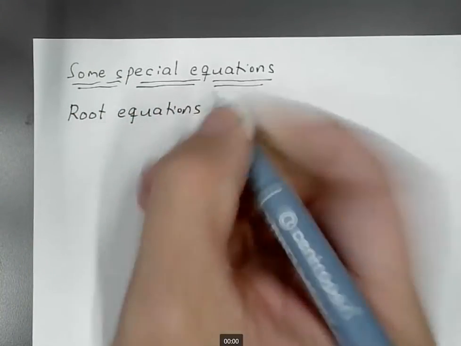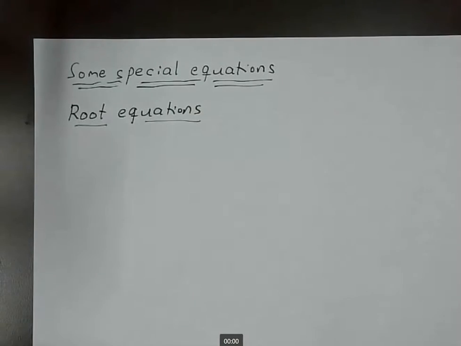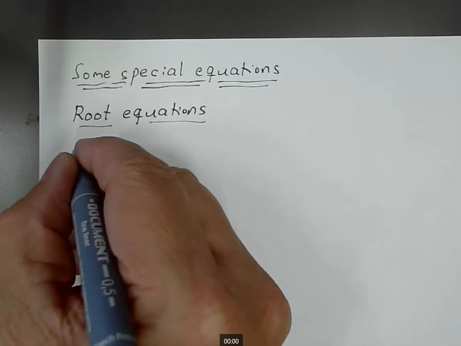This means equations where there are roots, for example square roots or cubic roots. These are equations where we need another way to solve because the earlier methods don't work there. So let's take the first example.